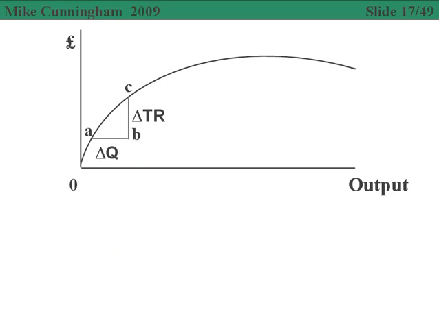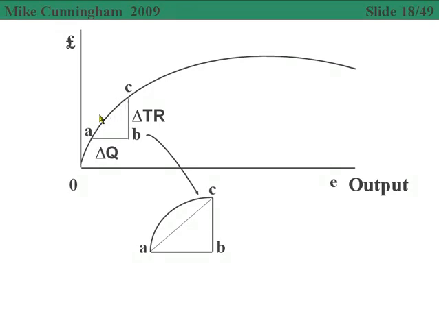Let's just expand it and have a look at it again. Okay, we've got A, B, C. And you can see that the true revenue curve is this curved line AC. It's the curved one. I've exaggerated it because I've exploded the diagram to have a look in more detail what's happening here.